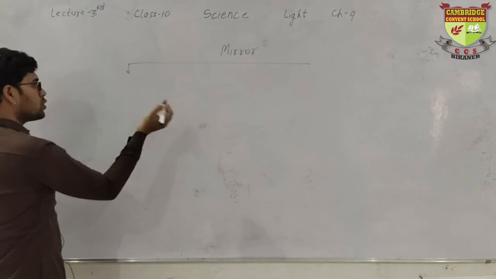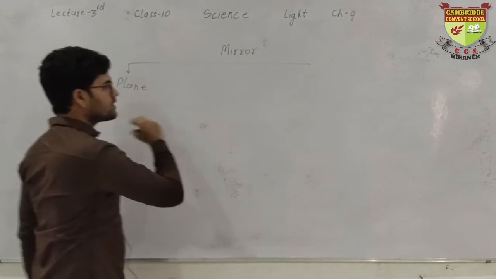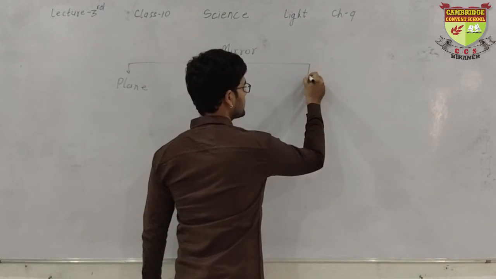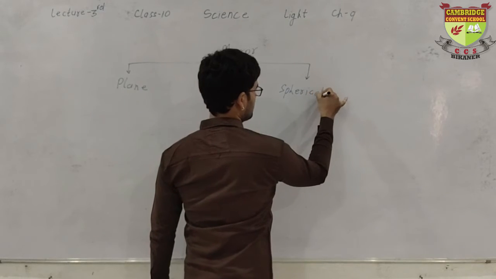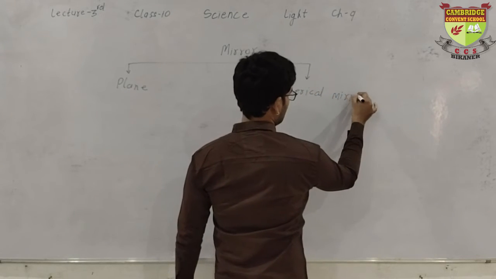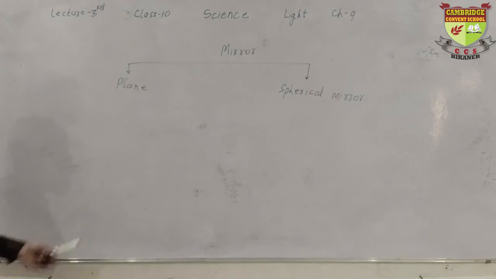Basically, there are two types of mirror. The first is plane mirror and the other one is spherical mirror. Right? What is a plane mirror?